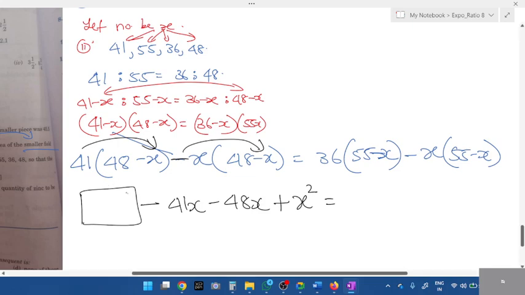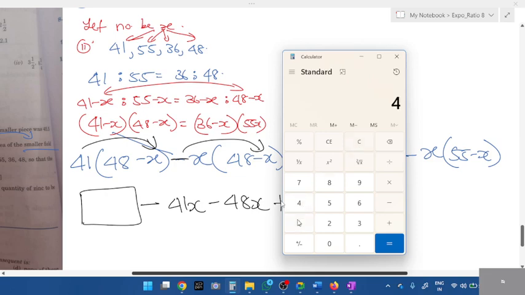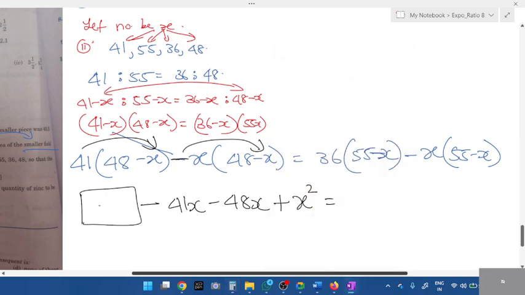What is 41 into 48, students? What did you all get? 1968. Next, 36 into 55.